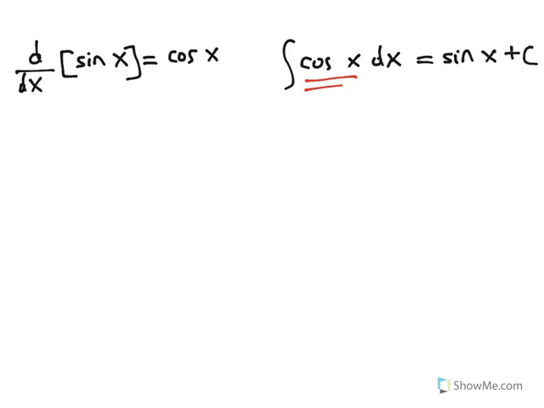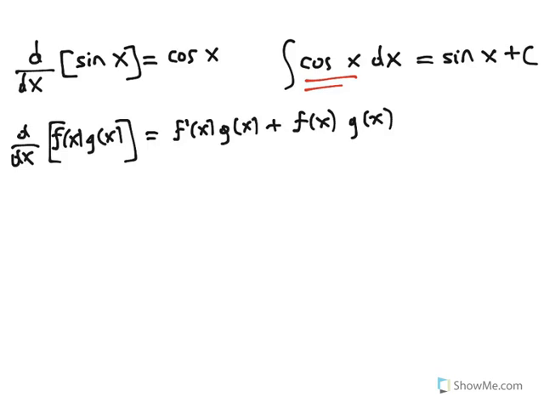So we know that. Now we're going to take a look at something from Calculus AB called the product rule. Here we have the product rule from Calculus AB. If you have a product of two differentiable functions, to find the derivative of the product, here's one version of it.